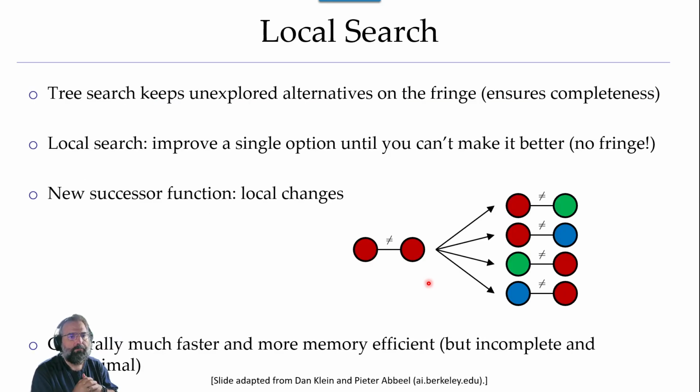In a full search, you keep track of the unexplored alternatives on the fringe, and by doing so you ensure completeness. A local search improves a single option until you can't make it any better, so there's no more fringe to evaluate. The successor function is a local change, generally much faster and more efficient, but it may be incomplete.